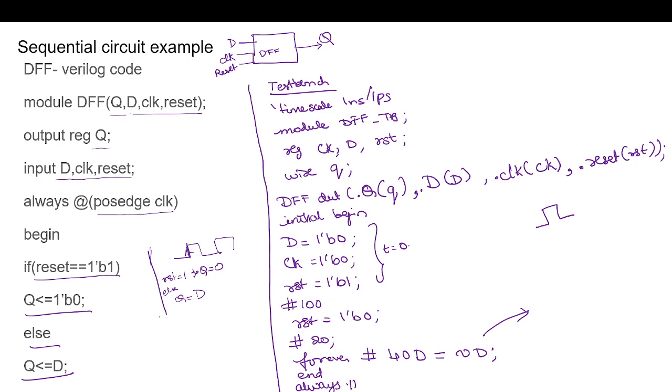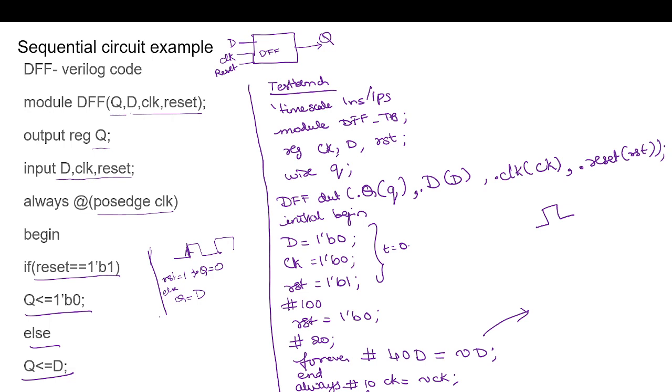Always #10, the clock is CK, CK is equal to not CK, and endmodule. Forever will be running continuously, like while(1). And this forever should be inside either an always block or inside an initial block. So it's inside the initial block. Initial begin, it is ending here.